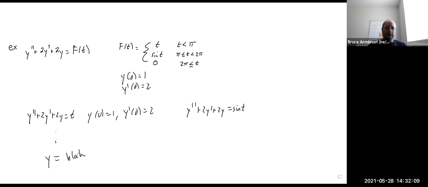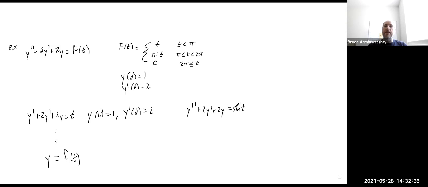Let me actually, instead of calling this blah, even though that's fun, call it f of t, little f of t, just for a name. So we get y is equal to some function of t. Well, if you think about this one, we need some initial conditions if we actually want to get the solution.